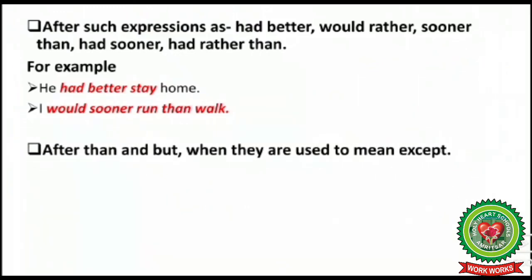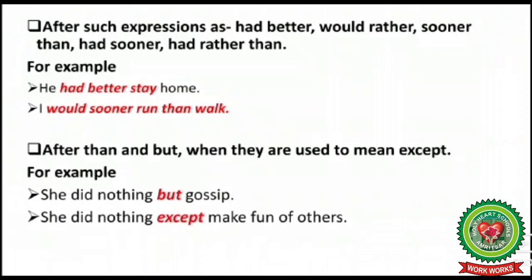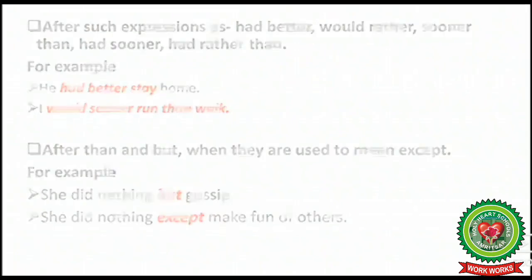After than and but, when they are used to mean except, for example, she did nothing but gossip. She did nothing except make fun of others. Bare infinitives are used after than and but.